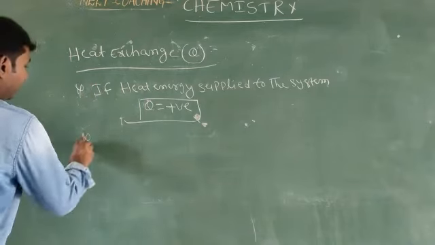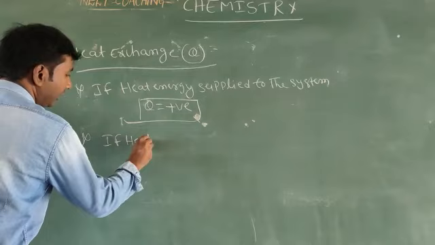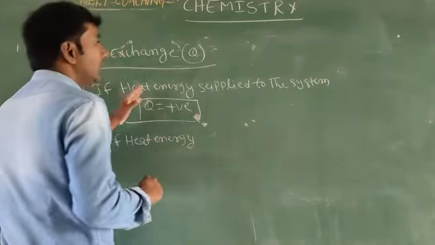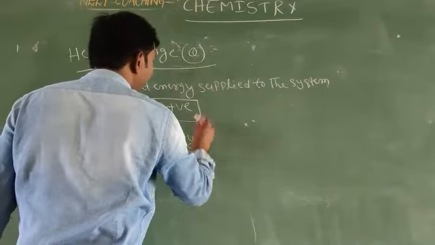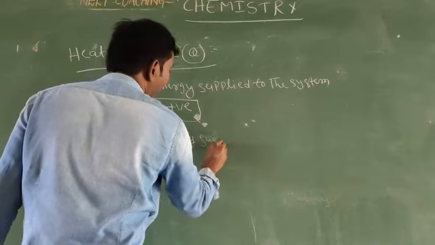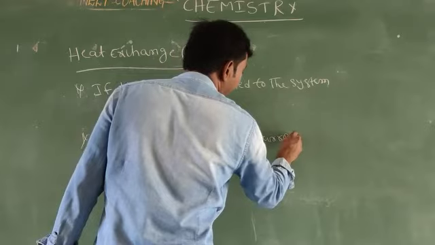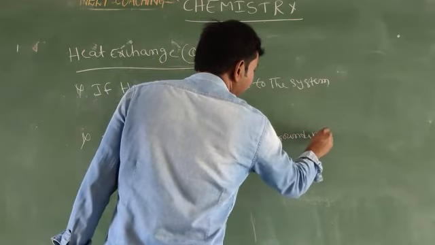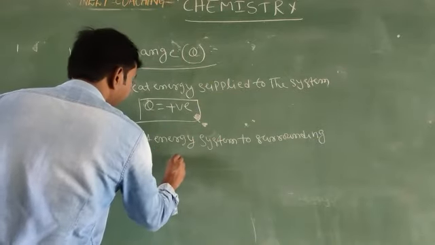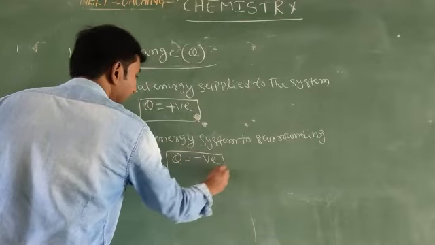Next, if heat energy is emitted from the system, or goes from system to surrounding, Q is negative.